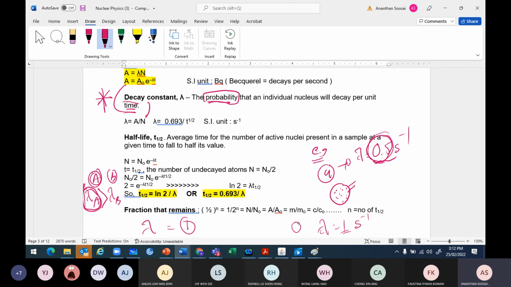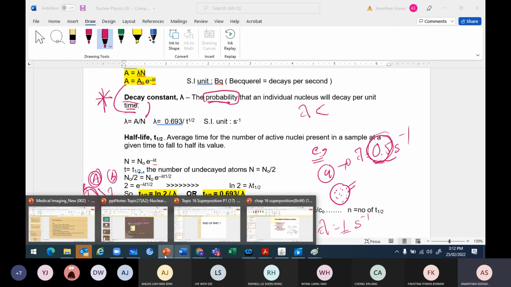That means that substance is going to disappear from the surface of the earth immediately, because you're going to disintegrate immediately. So the decay constant lambda is always less than 1. The greater the magnitude, the more unstable the element.